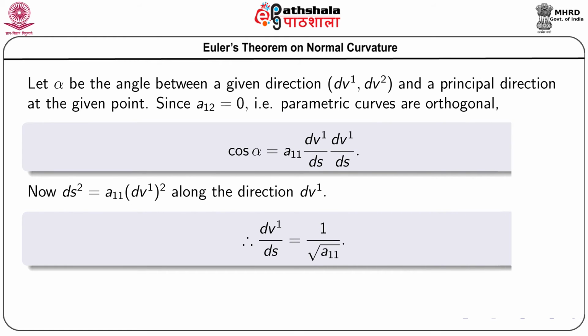So the expression for cos alpha will be A11 dv1/ds times dv1/ds, and from the first fundamental form we have the expression dv1/ds equals 1 by root A11.